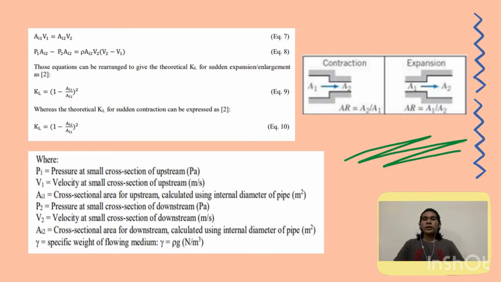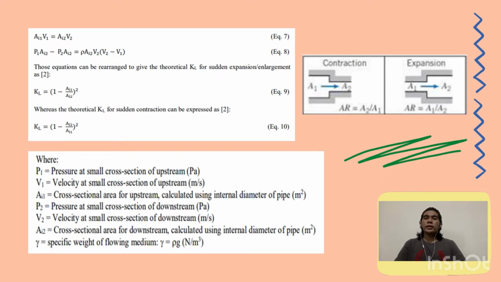The first geometry that will be tested is sudden expansion or enlargement and sudden contraction. As you guys can see on the slide, the loss coefficient KL for sudden expansion or enlargement and sudden contraction in circular pipes or ducts are shown in the figure. Losses for the sudden expansion or enlargement and the sudden contraction are based on the speed.